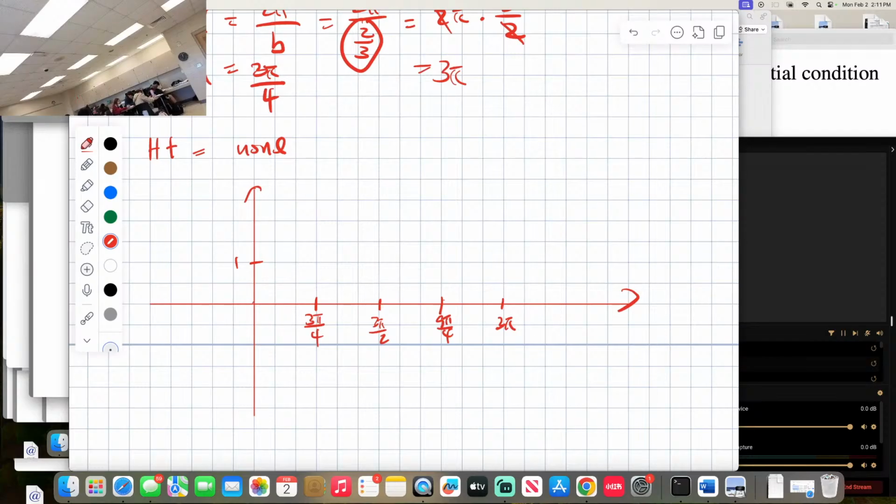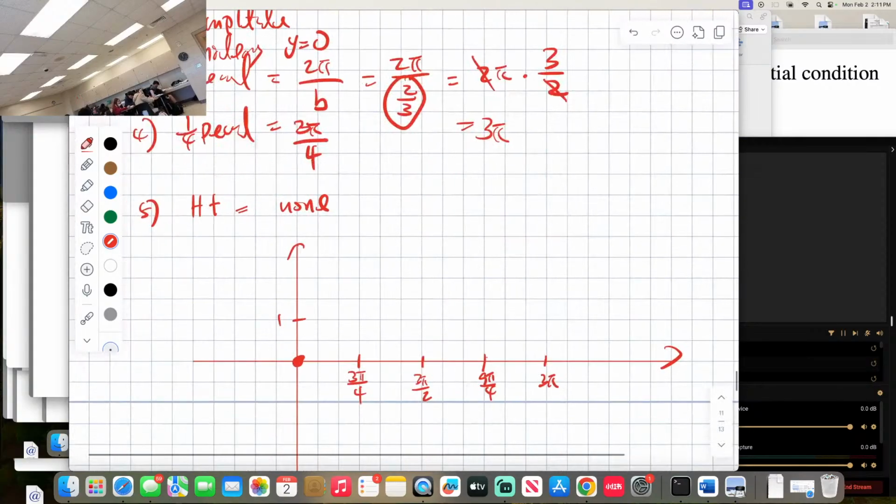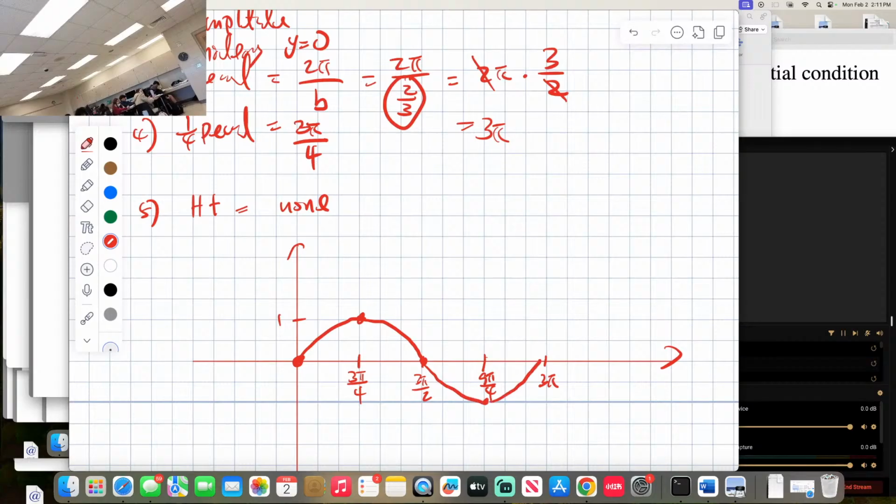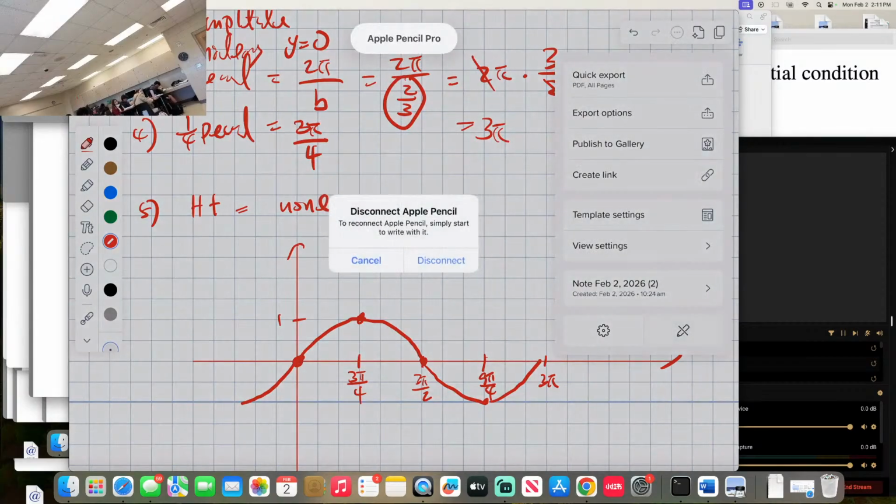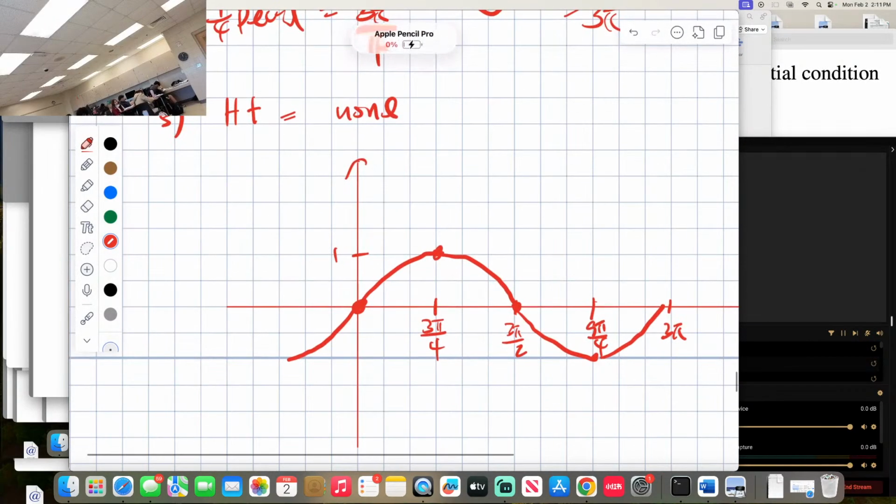So you start at 0. You're going to go up because it's positive. Come down, negative. Go down, it's going to go here and go up. And the other side just reciprocates, 3 spaces. So pay attention, this is 3 spaces. Let's say 9 pi over 4.